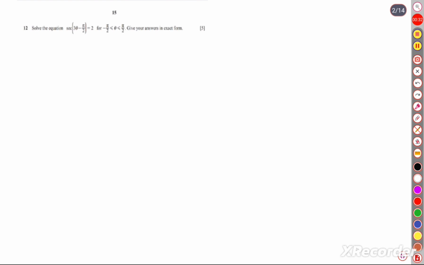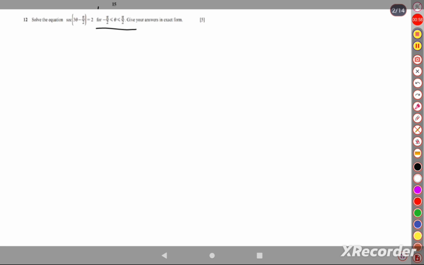Question number 12 says sec(3θ − π/2) = 2 for −π/2 ≤ θ ≤ π/2. Remember, whenever a transformed curve or graph is given, first of all we will have to find the required domain.